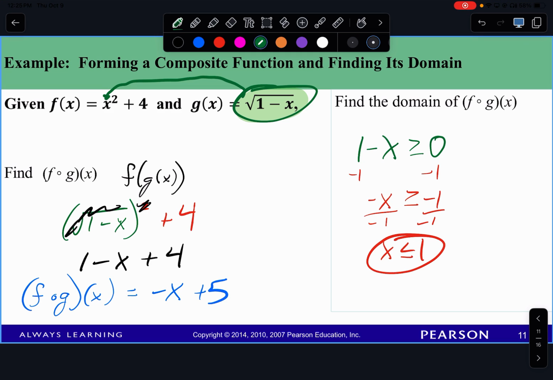So it can go all the way to negative infinity, and then it has to stop at 1. Could it be equal to 1? Yep, so we use a bracket. That is our domain for this composed function, and that comes from the original inner function at the beginning. What other questions do we have?